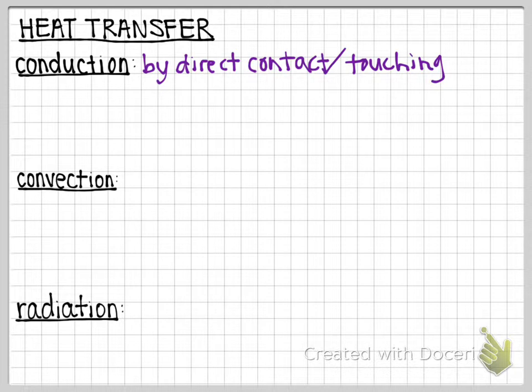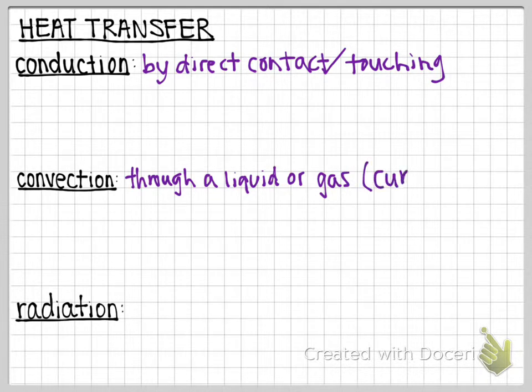Convection is heat transfer through a liquid or a gas. A lot of times these are going to cause currents. So air currents or water currents, basically circulating air, circulating liquid that warms something up is going to be considered convection.